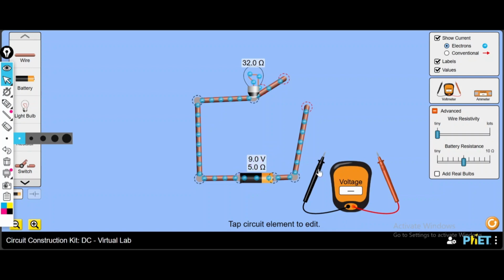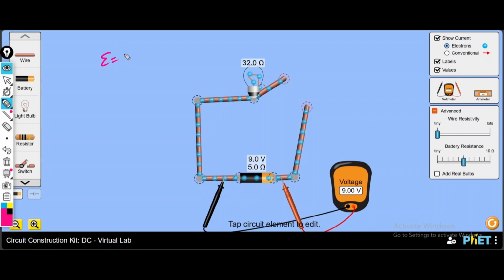The output voltage of this battery is 9 volt, the same voltage as inside this battery. The same voltage will be present at the terminal of the battery.